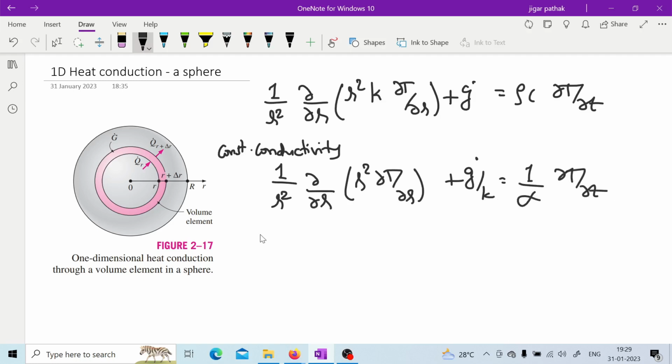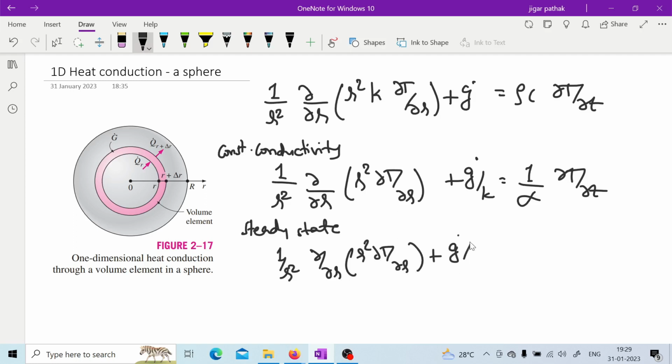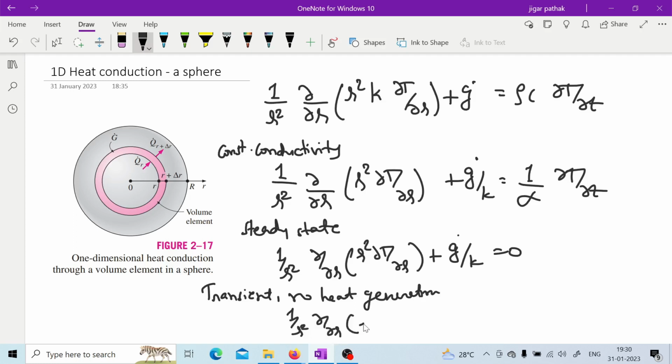And for again steady state, it will be like this, and transient, no heat generation, so this again can be reduced to this d by dr, r square dT by dr equals to 0.